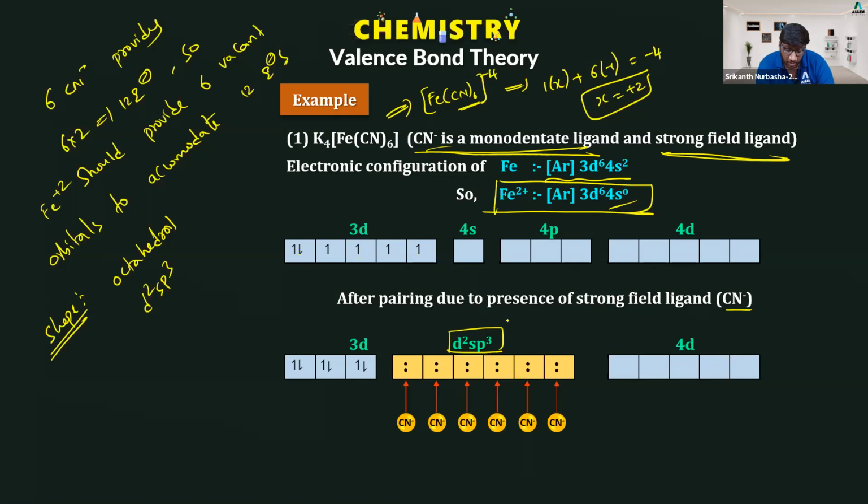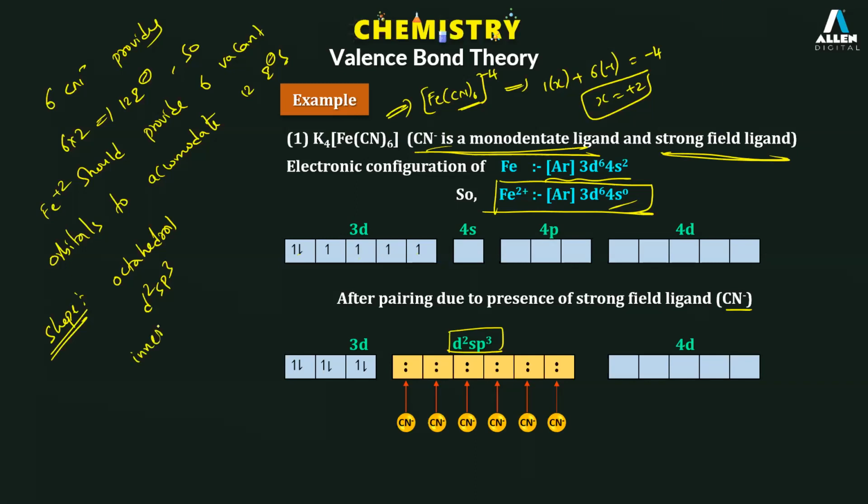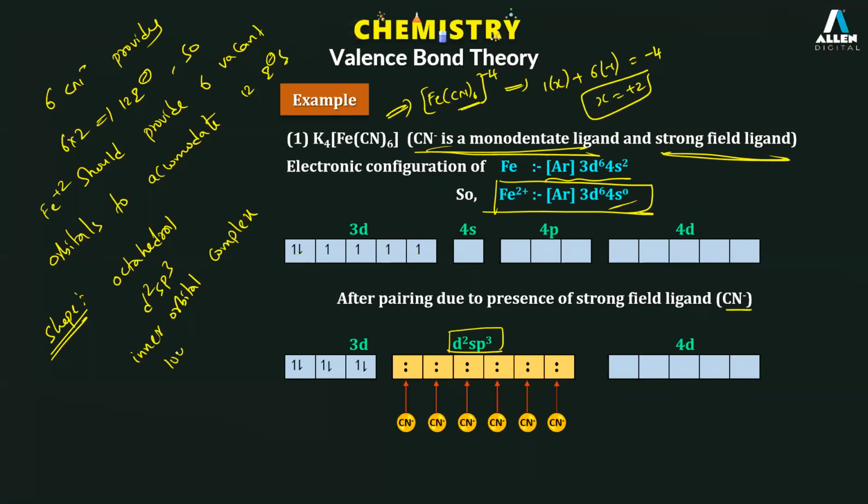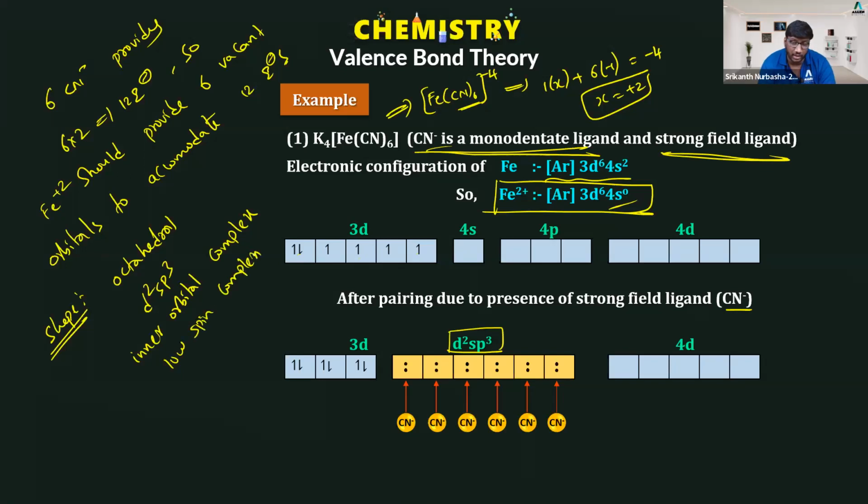And what is going to be the type of complex? Inner orbital complex or outer orbital complex? Inner orbital, very good. Low spin complex or high spin complex? Low spin complex. Whenever you look at a complex, you have to be in a position to comment on its shape, hybridization, type of complex, and low spin or high spin.